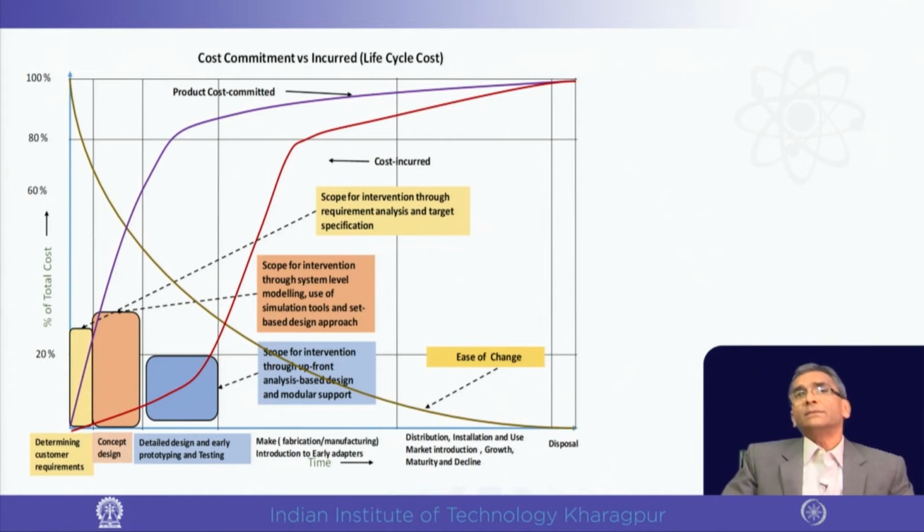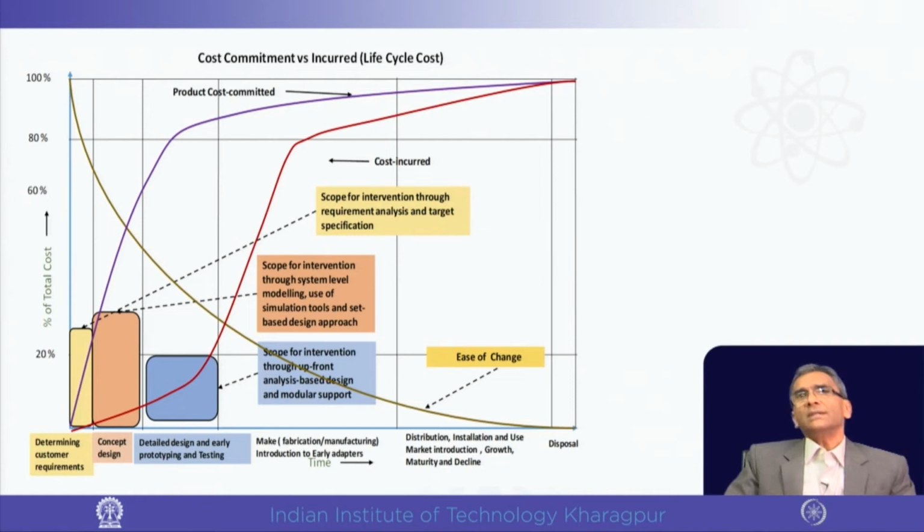Now, there is one more curve, and with that I will move on to the boxes. It starts from the top left corner and goes to the bottom right corner, which is the changes, and this is the ease of change.